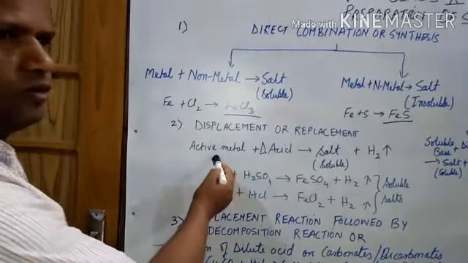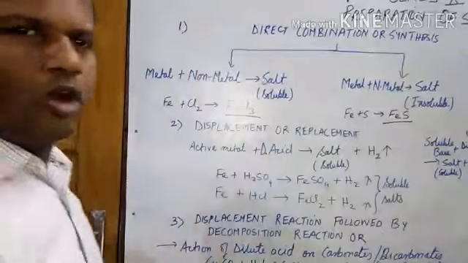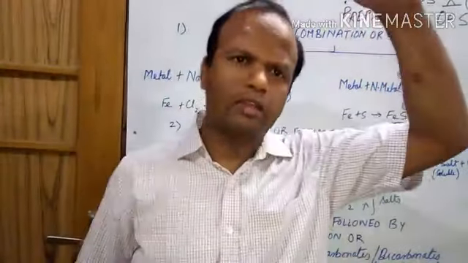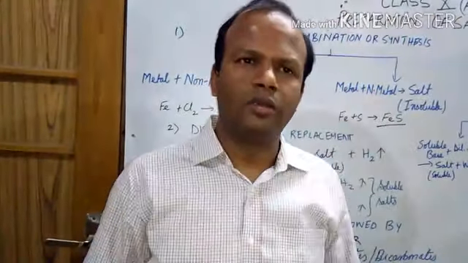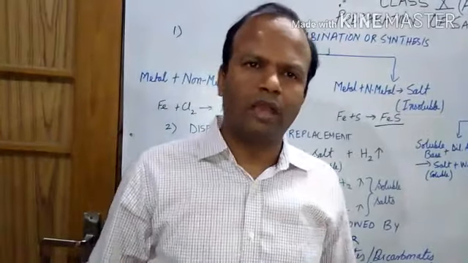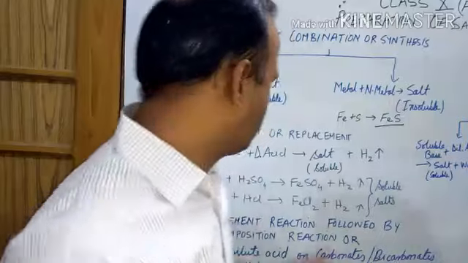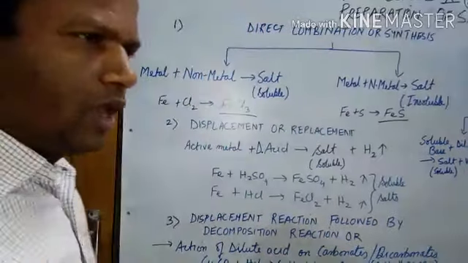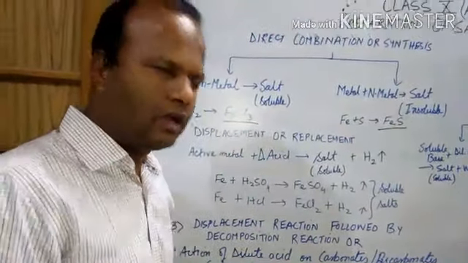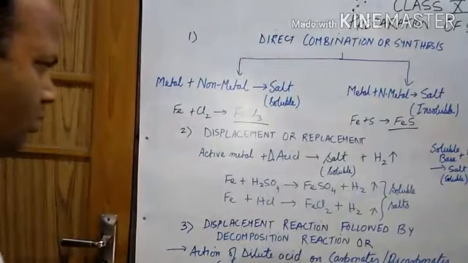We have the activity series starting from the top, and the activity goes on decreasing: potassium, sodium, calcium, magnesium, aluminum, manganese, zinc, iron, tin, lead, hydrogen, then after that copper, Hg, and so on.